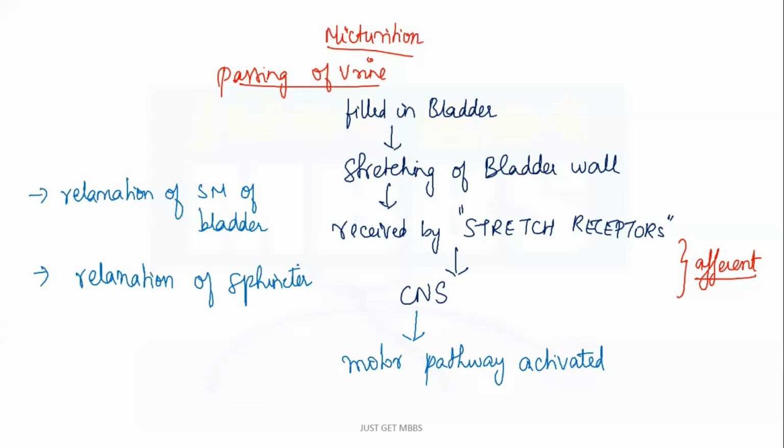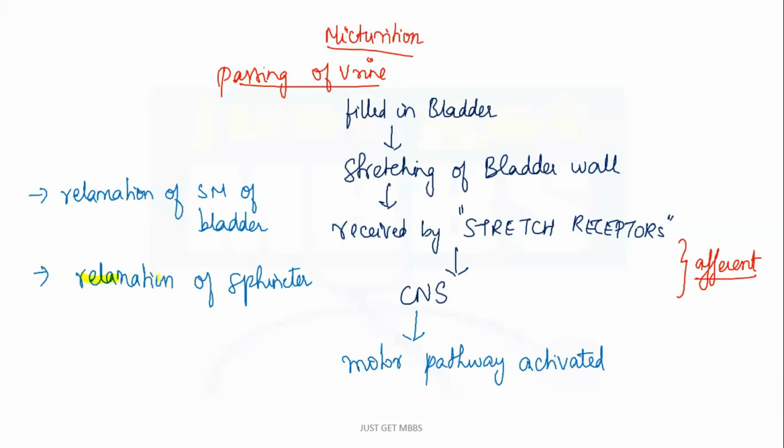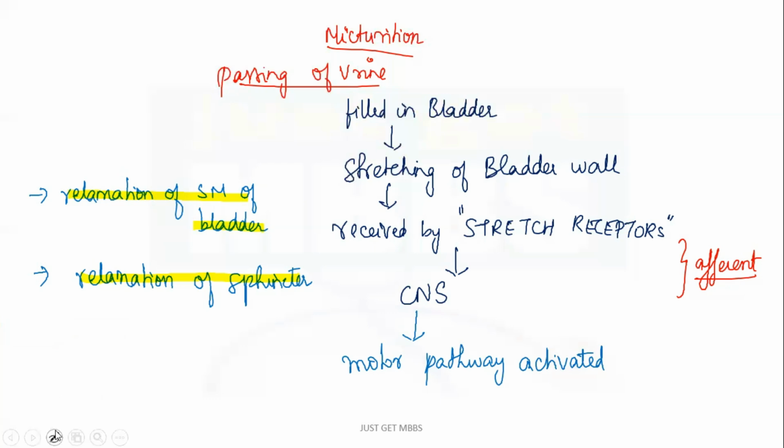Contraction is going to prevent voiding of urine. So there is relaxation of smooth muscles of the bladder, there is relaxation of the sphincter, both of which are going to favor the micturition process. So these are the efferent pathway responses.